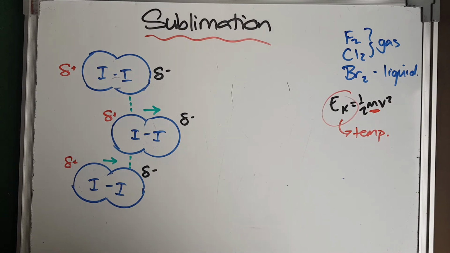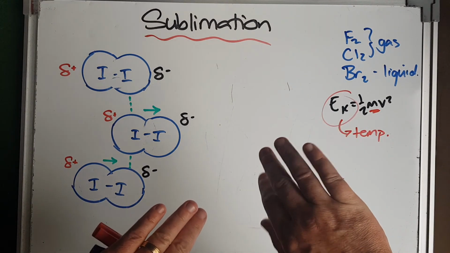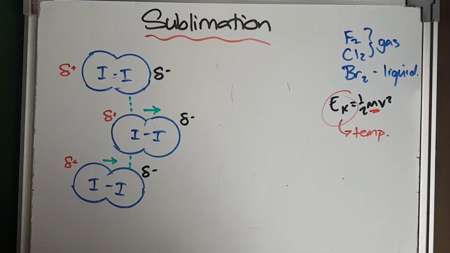Now carbon dioxide, dry ice, is the same idea. Once we break the intermolecular bonds between dry ice particles, they have too much kinetic energy. They move away from each other too quickly because they're quite small molecules, relatively speaking, when you think of things like wax or other solids that are non-polar.